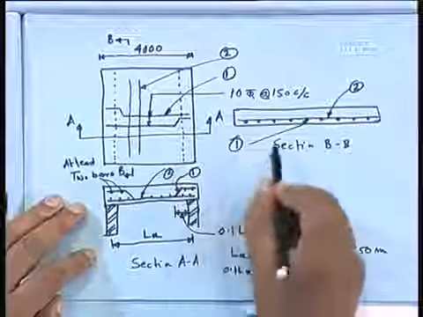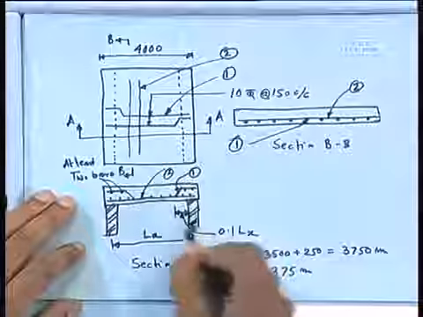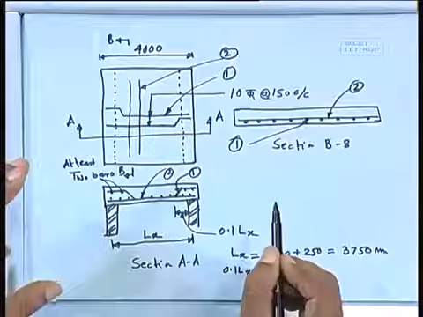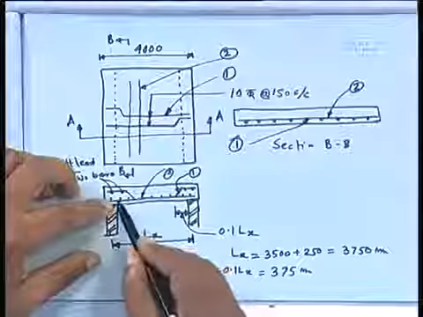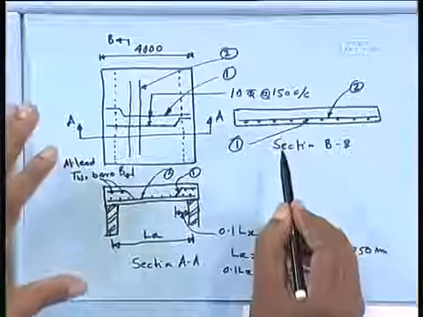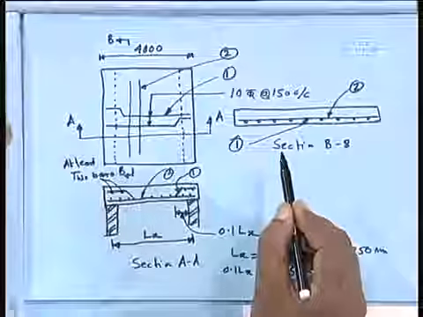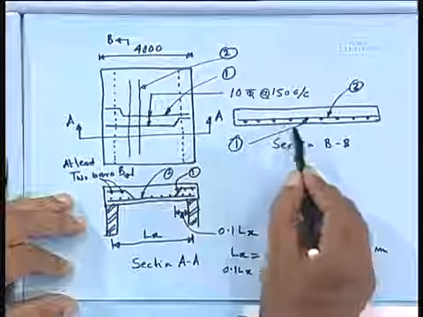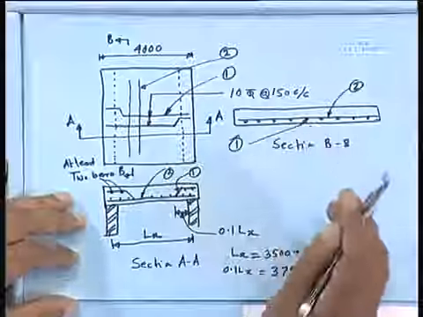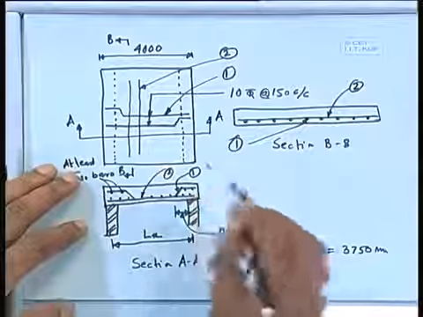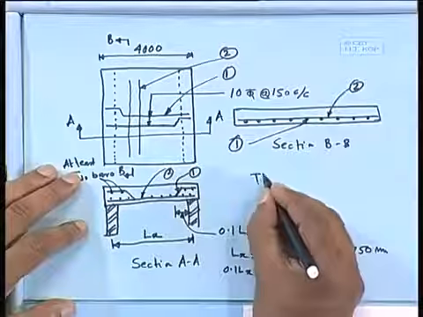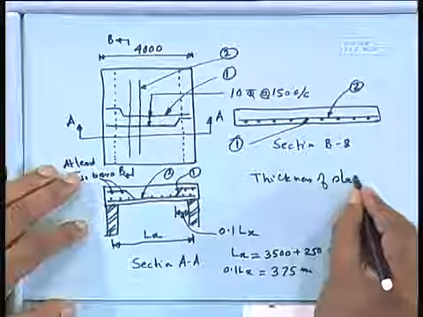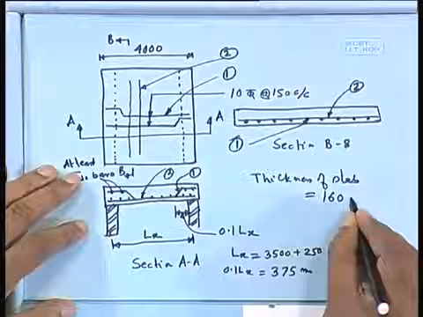You can see the main reinforcement will always have the maximum effective depth. This is your main reinforcement, so that should have the maximum effective depth. That's why it is always below the distribution steel. So you have to provide the reinforcement, and also the thickness of slab, which is here 160 millimeter.